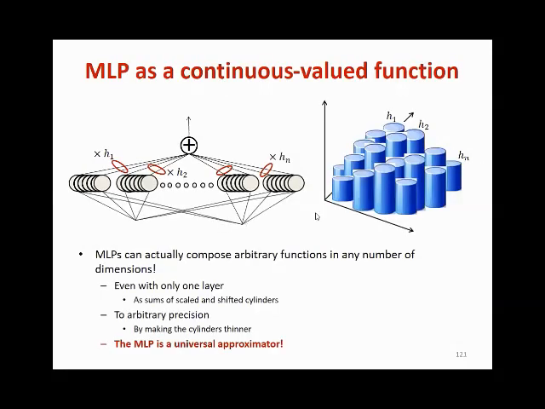And so to compute any arbitrary function with any arbitrary shape, you can approximate it by simply filling in the space with shifted cylinders, and scaling the different cylinders to the right height so that it approximates the surface that you want. So this means that even with just one hidden layer, a one hidden layer MLP is a universal function approximator.